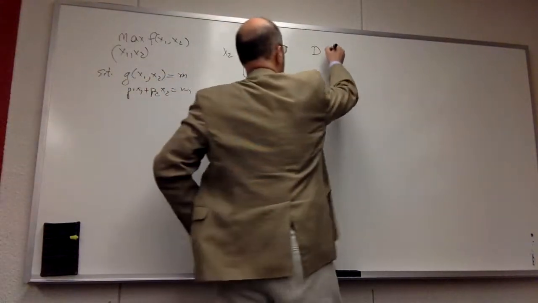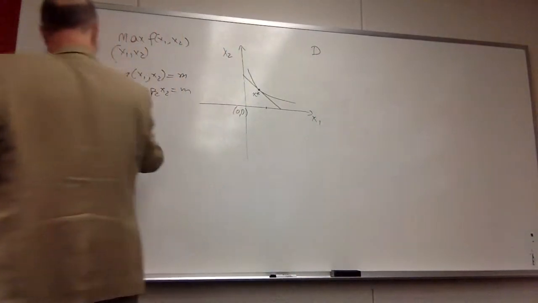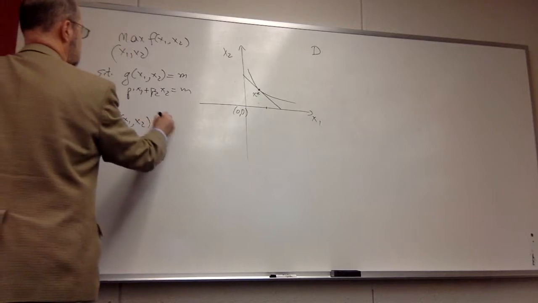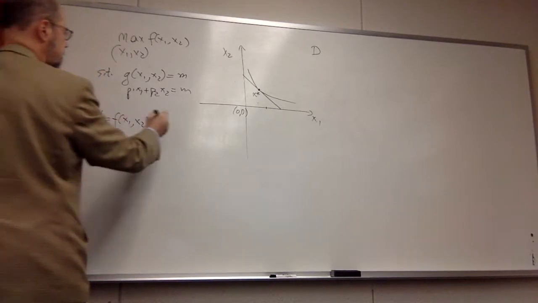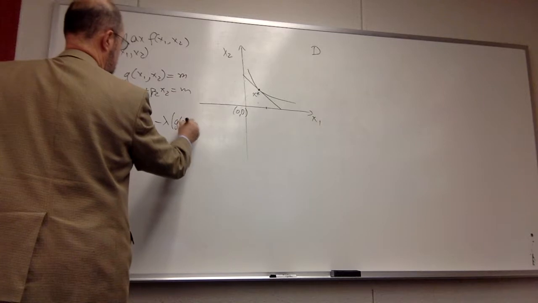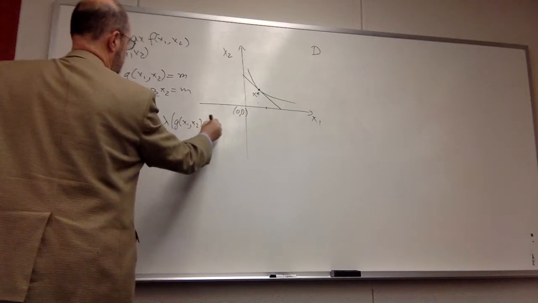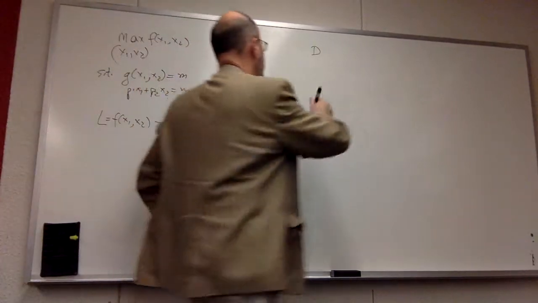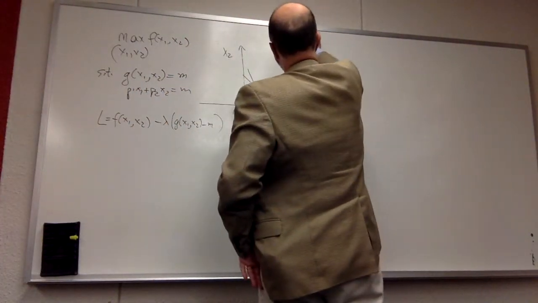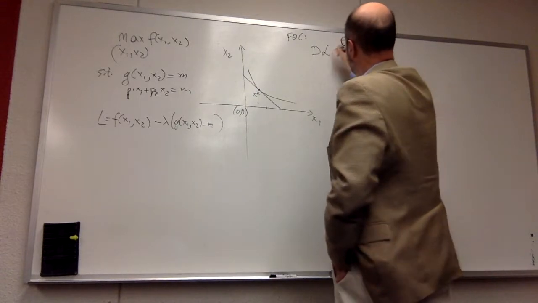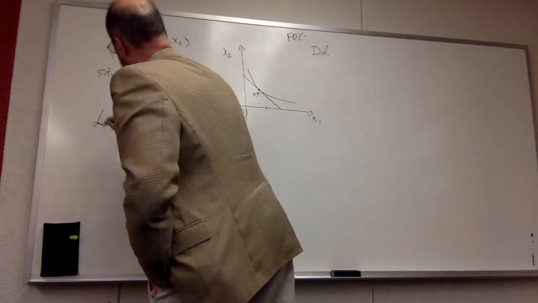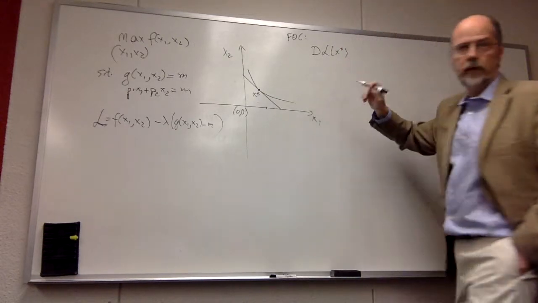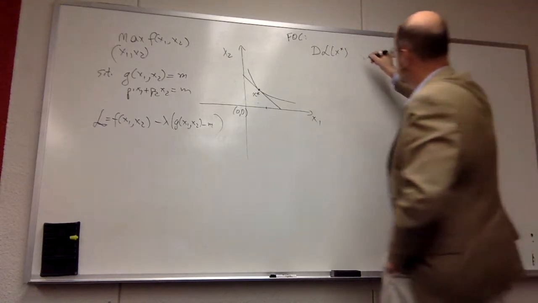So the Lagrange function, as you know, is f(x1, x2) minus lambda times (g(x1, x2) minus m). With that, the first order conditions are that the derivative of the Lagrangian at the point of interest is the zero vector.